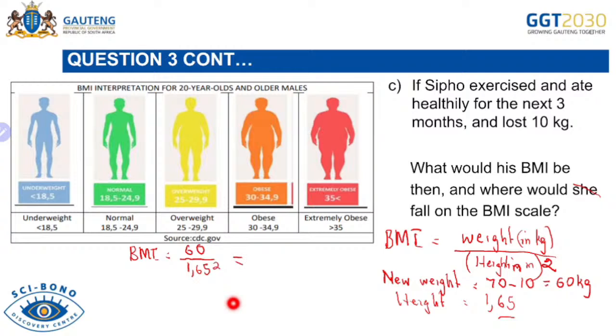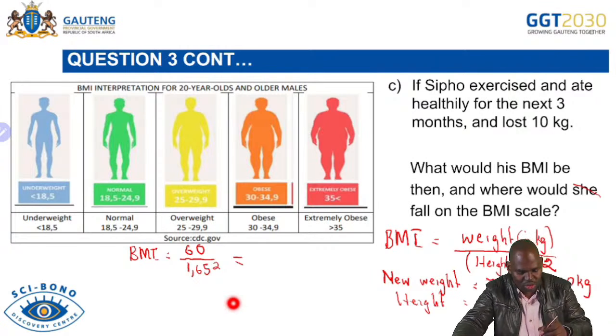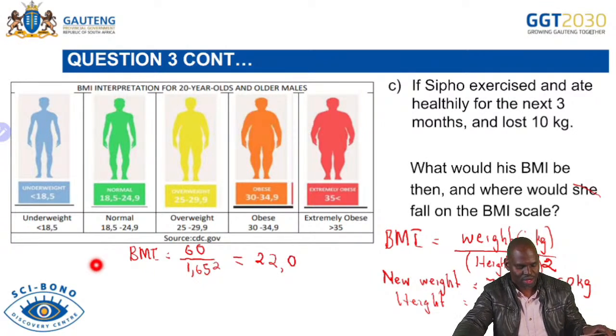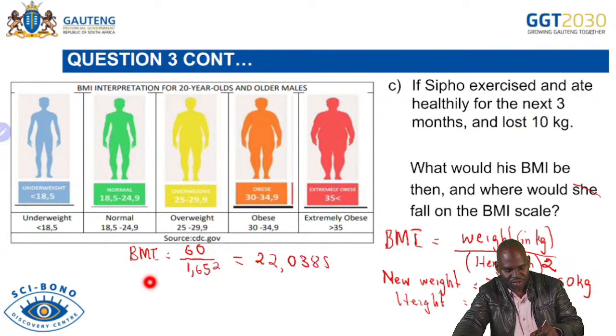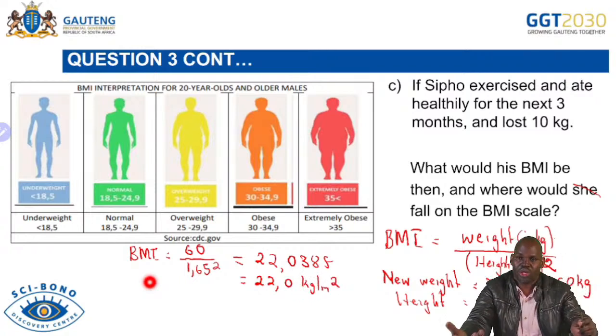So if you take your calculator, 60 divided by 1.65 squared, the BMI is now 22.038. I think just one decimal place will be enough, 22.0. So it's about 22.